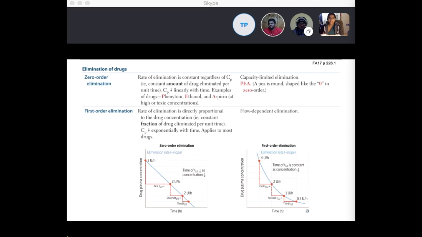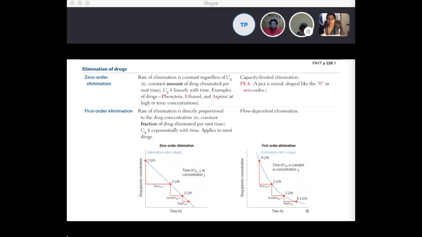So with first order, the half-life is going to be the same no matter how much drug there is. It's going to be constant. The half-life is always going to be the same.